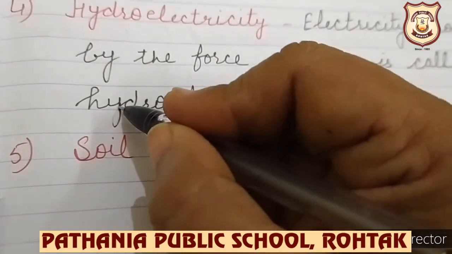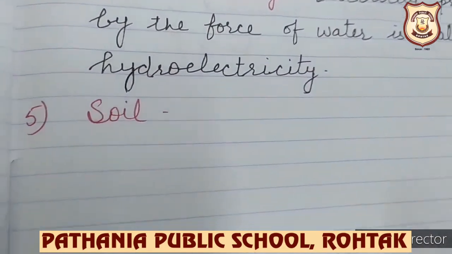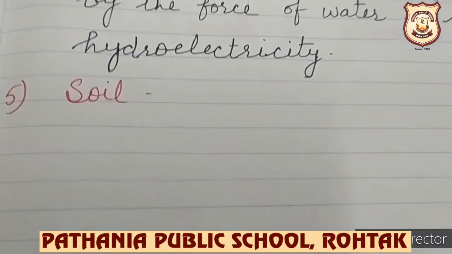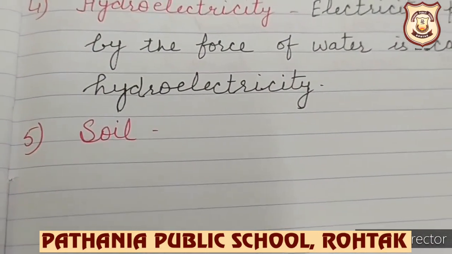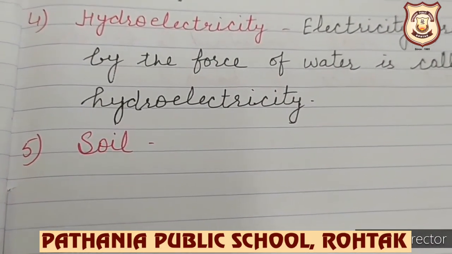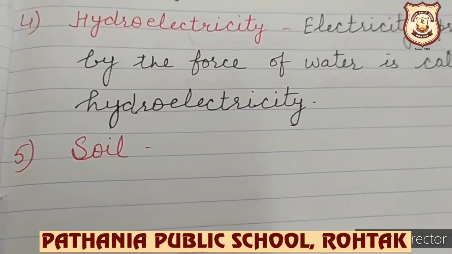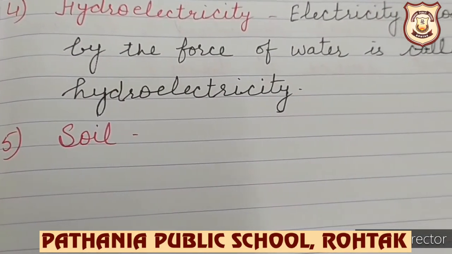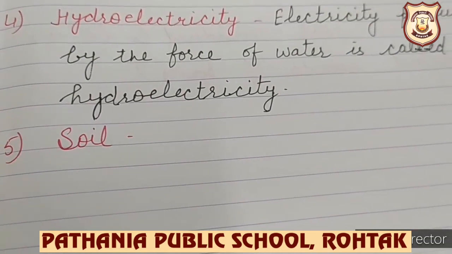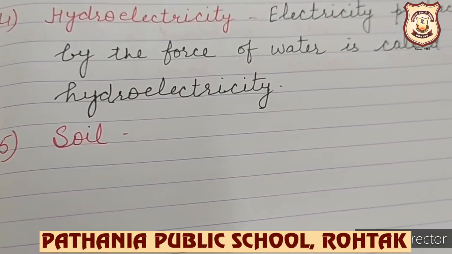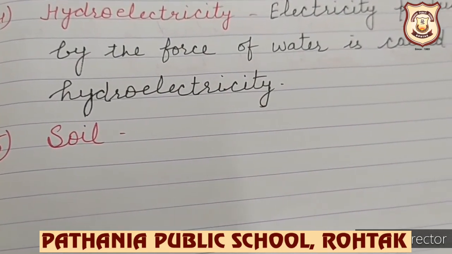So this is clear. Now, next is very simple. What is soil? This is the uppermost layer of the earth. Okay, children? And it is essential for growing plants and trees also, isn't it? And these plants and trees provide us food in various forms. So you have to define only soil.